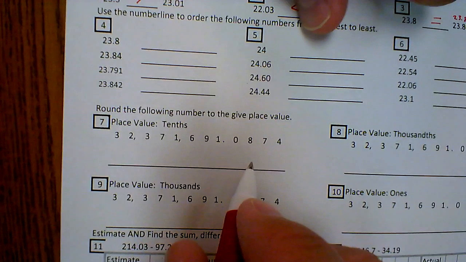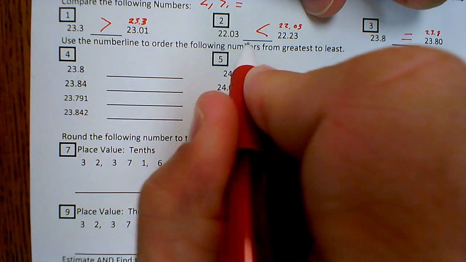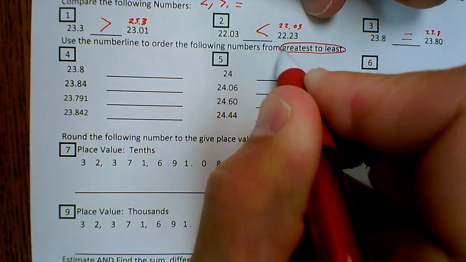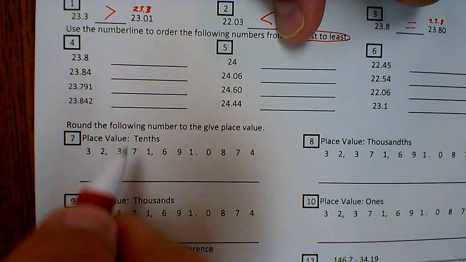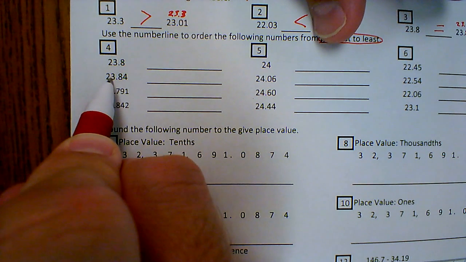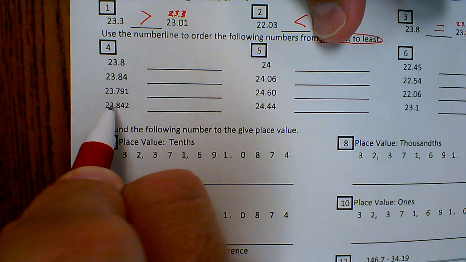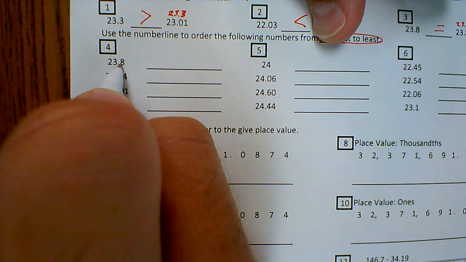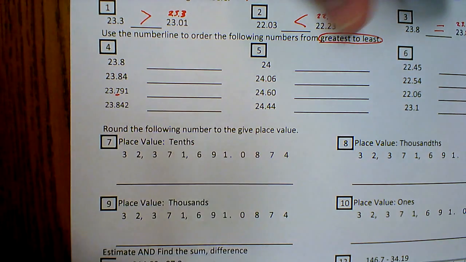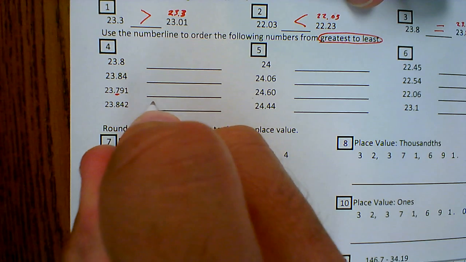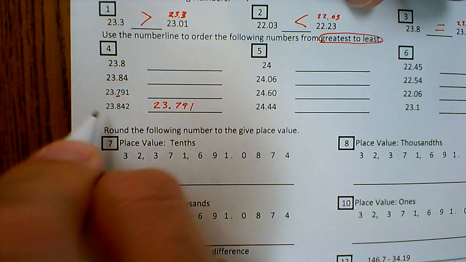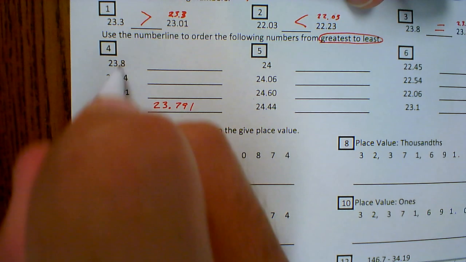Now I'm going to compare and order these, and the directions tell me to go from greatest to least. When I look at the numbers left of the decimal point, I've got 23, 23, 23, 23. Then I've got 8, 8, 7, and 8. I know 7's the smallest, so that's the least. I'm going to put that down at the bottom. The 8's are all the same.